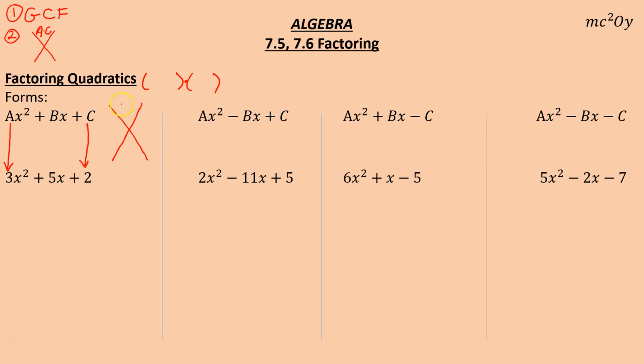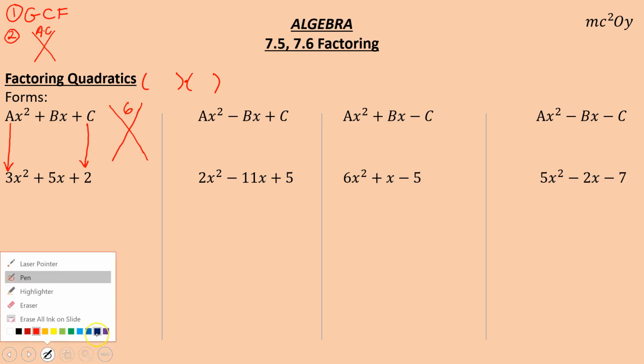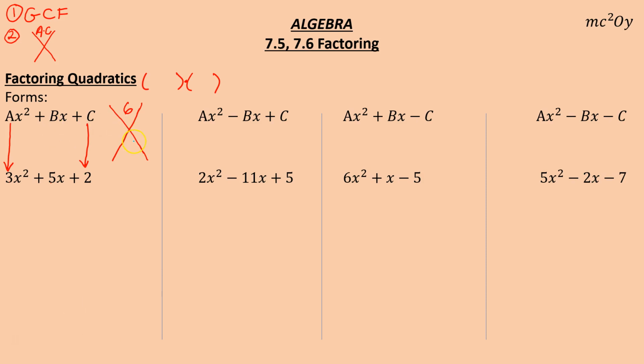Up here we have A times C, and A times C in this problem is 3 times 2, or 6. Then down below, in this spot, we're going to put B. In this problem, B is 5, so we just put the 5. We don't worry about any of the x's.